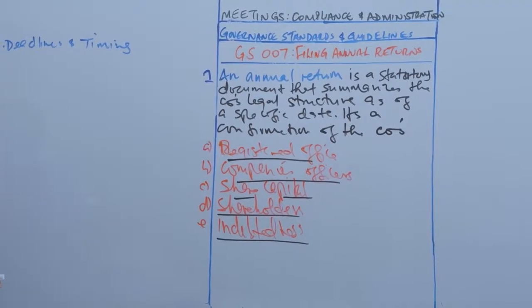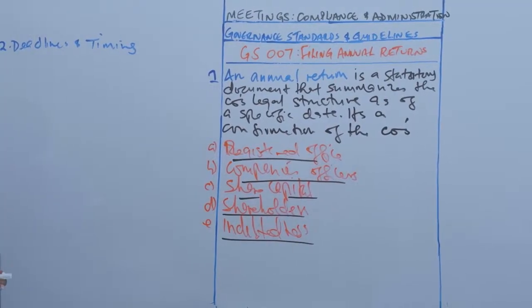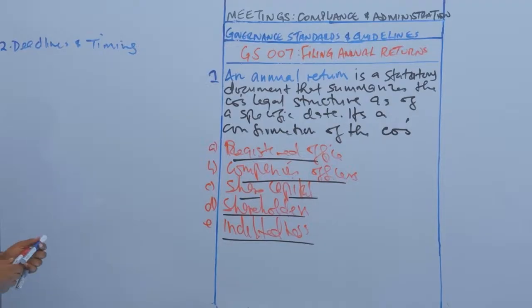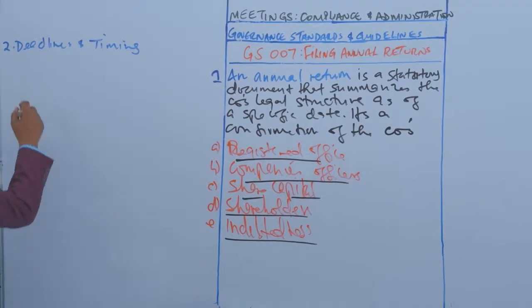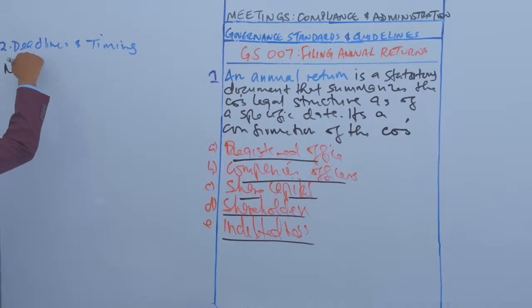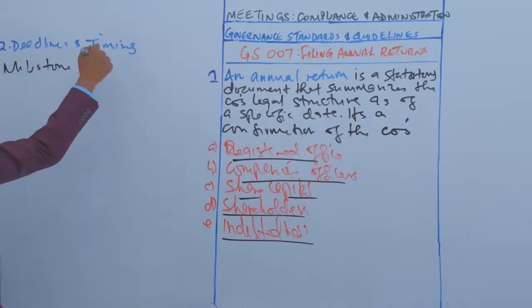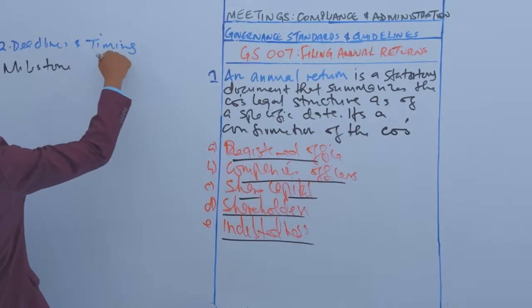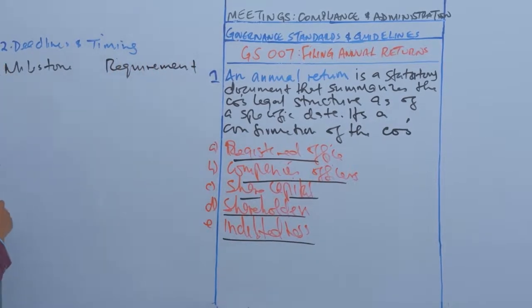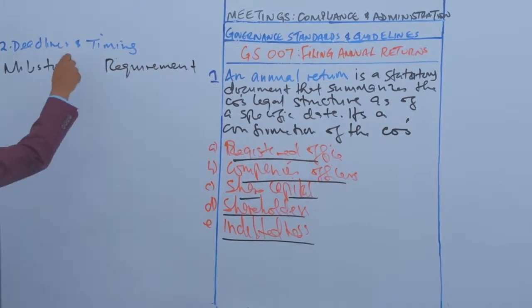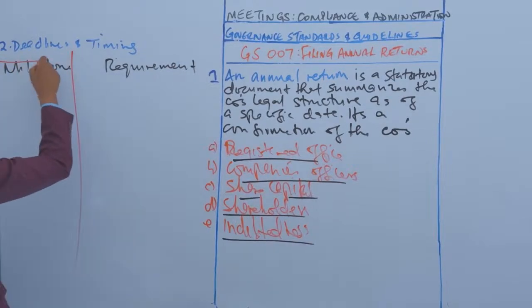Analyzing the deadline and timing, we are going to have a column for the milestone and another column for the requirement.